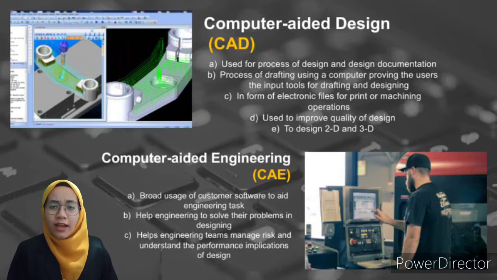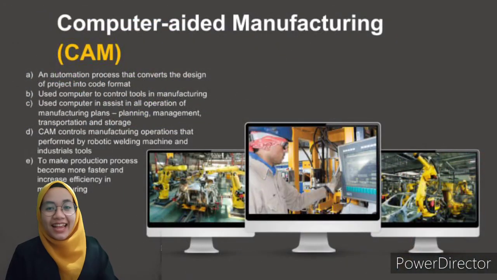It also helps the engineering teams manage risk and understand the performance implications of design. In this case, engineers will solve problems in designing. Like if we want to design a car, engineers will use CAE to solve the problems.